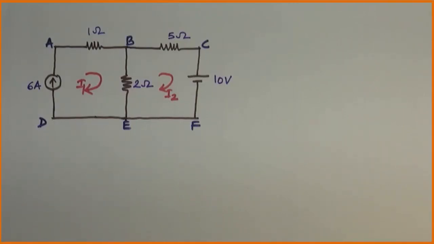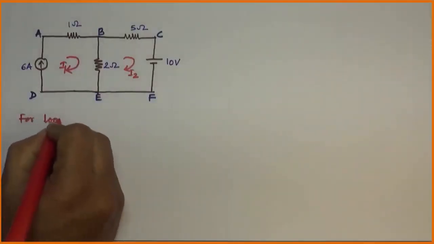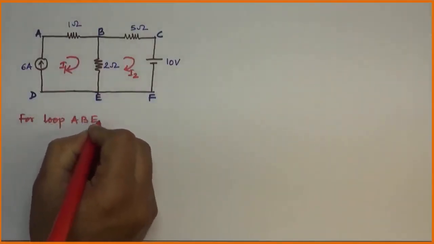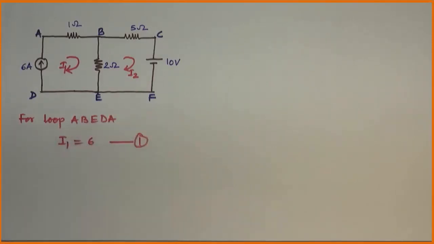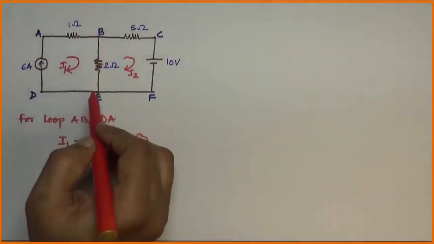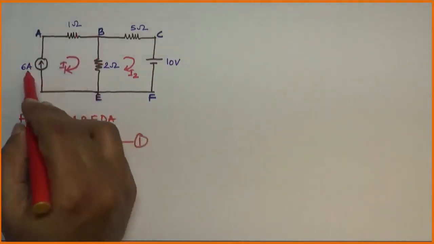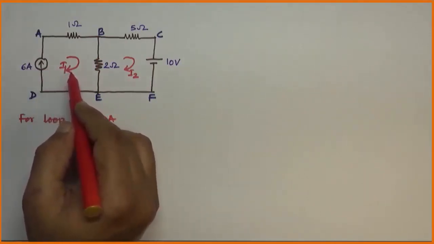So, we can write down the equation as, for loop I1 is equal to 6, that is, the whole current through A, B, E, D, A is nothing but 6 ampere, which is I1 as per our assumed value.